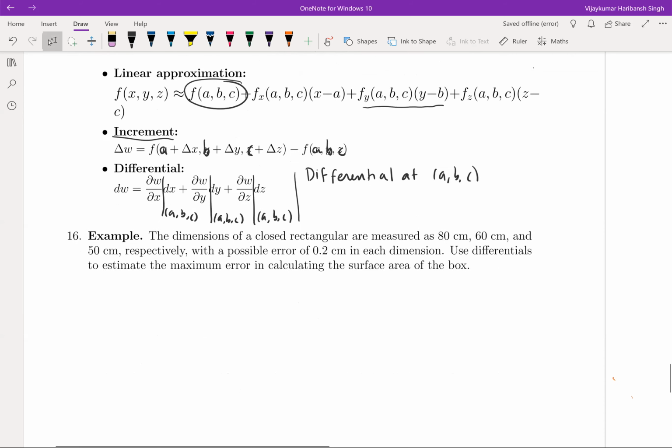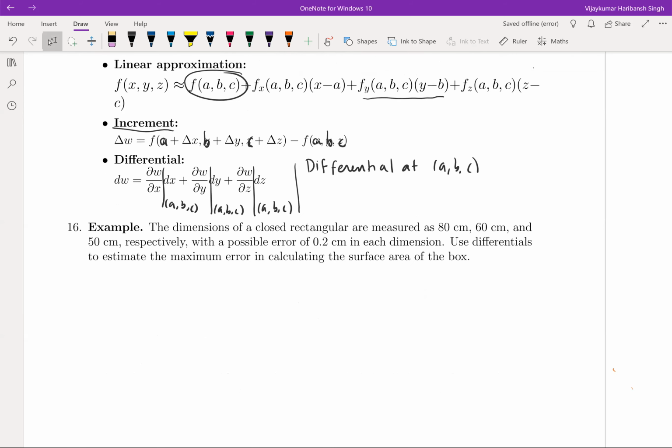The dimensions of a closed rectangular box are measured as 80 centimeters, 60 centimeters, and 50 centimeters respectively, with a possible error of 0.2 centimeter in each dimension. So we have delta x is going to be 0.2, delta y 0.2, delta z 0.2.